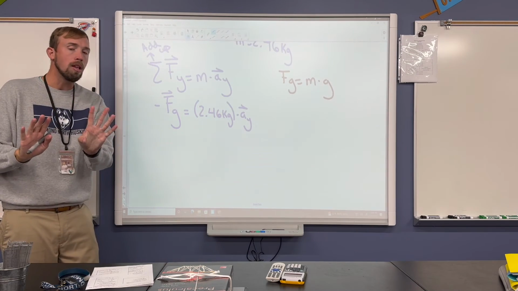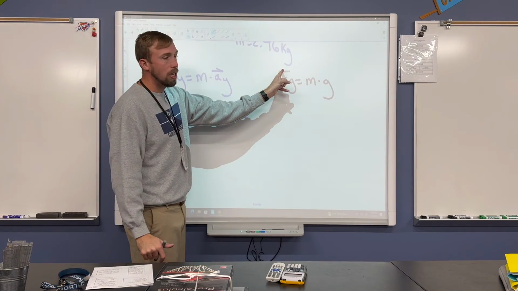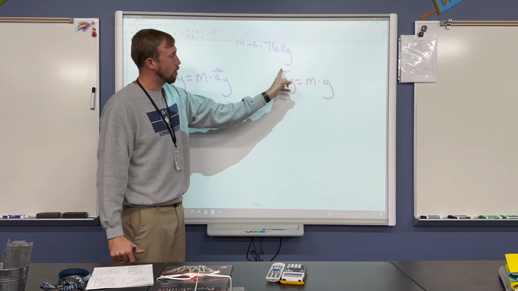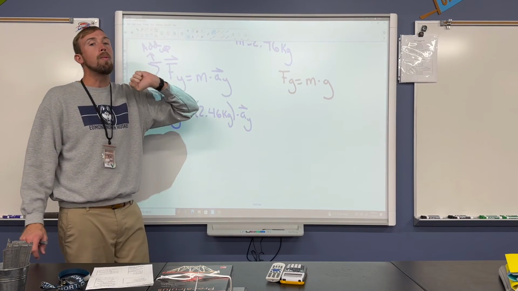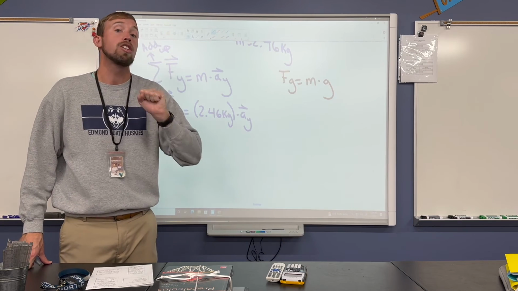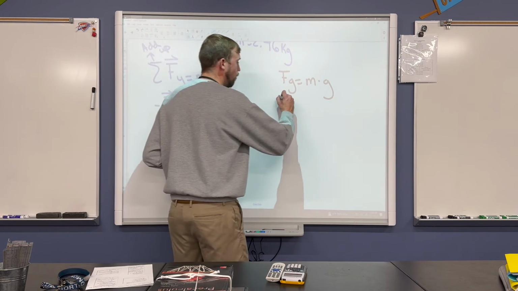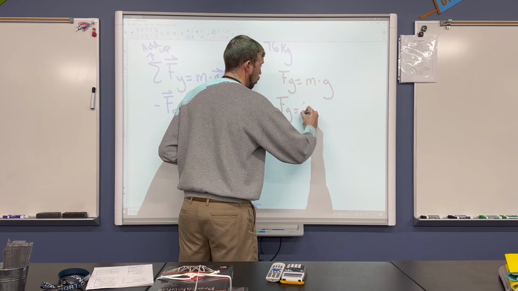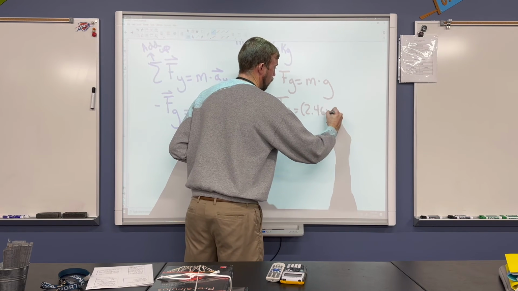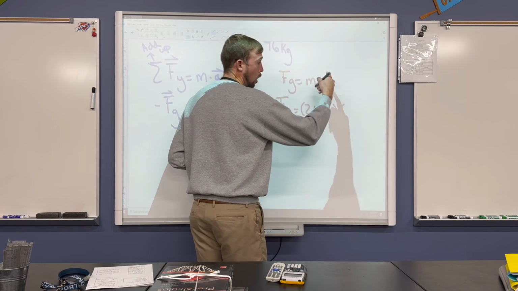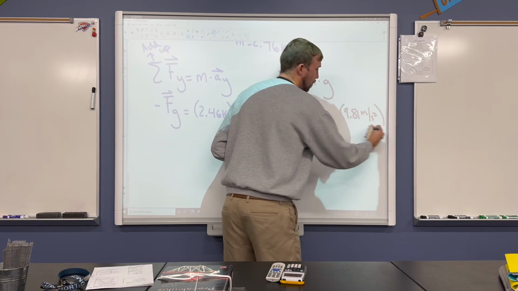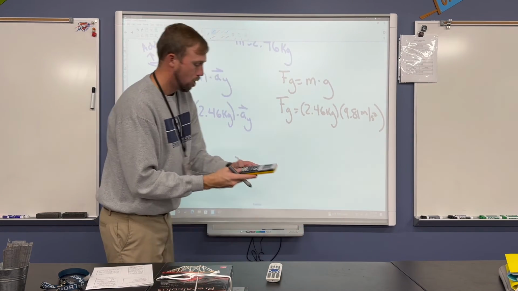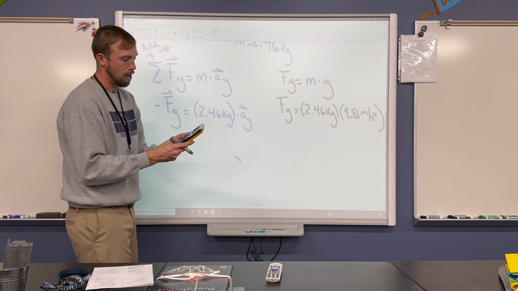Now, this is subtle, but I do want you to notice how here I'm not putting the vector symbol over F, because that equation doesn't tell me the direction of my force of gravity, it just tells me the magnitude. So F sub g is equal to my mass, 2.46 kilograms, multiplied by local acceleration due to gravity, 9.81 meters per second squared. So if I plug these in, I get 2.46 multiplied by 9.81.